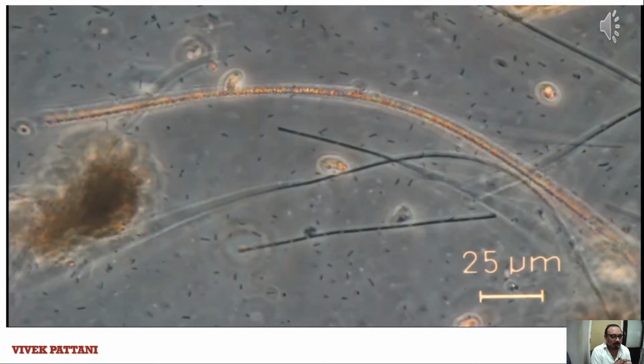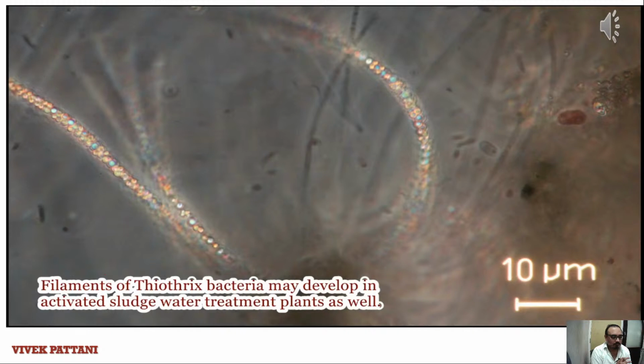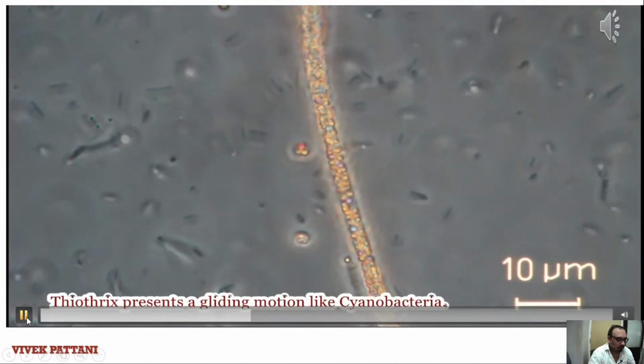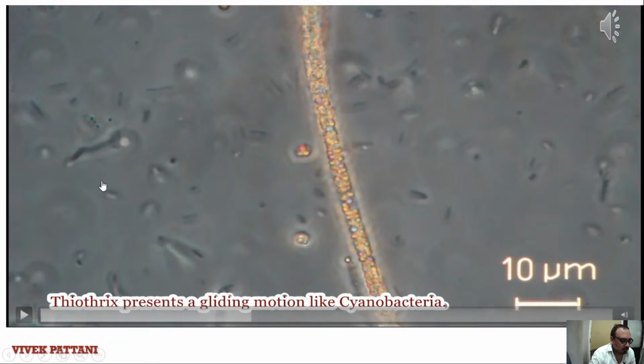Cells assimilate carbon. They are also present in the activated sludge. And it takes on a gliding-like motion, similar to that found in the cyanobacteria.